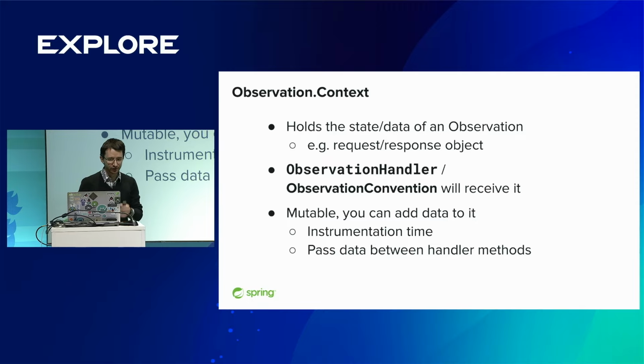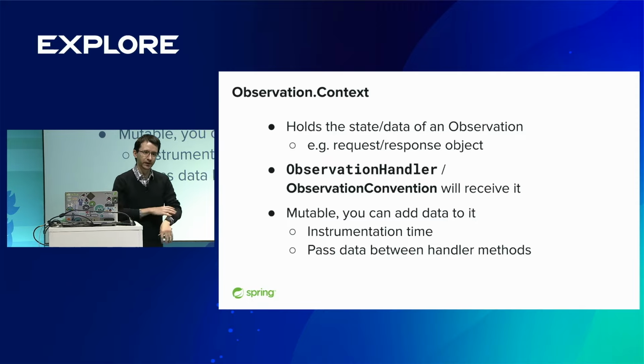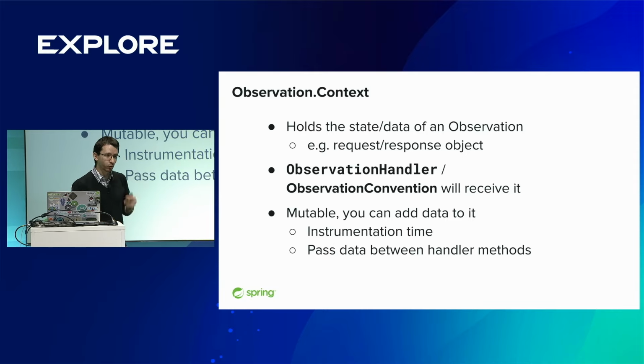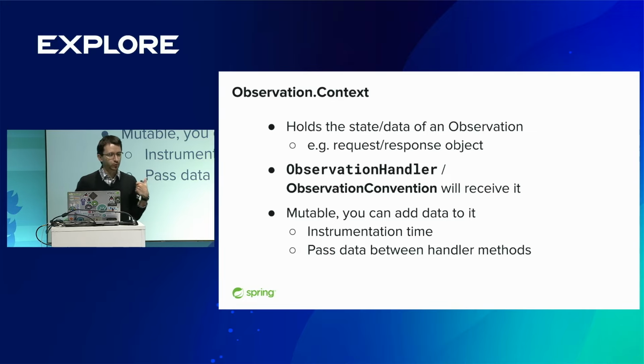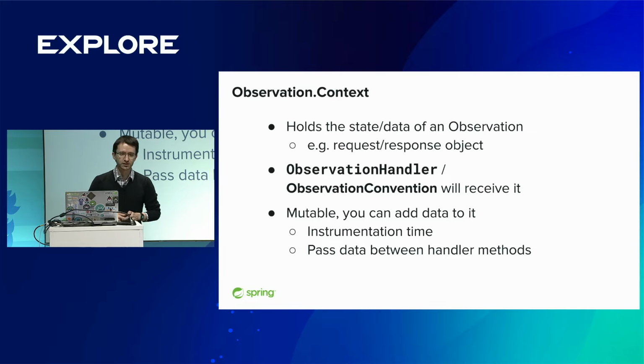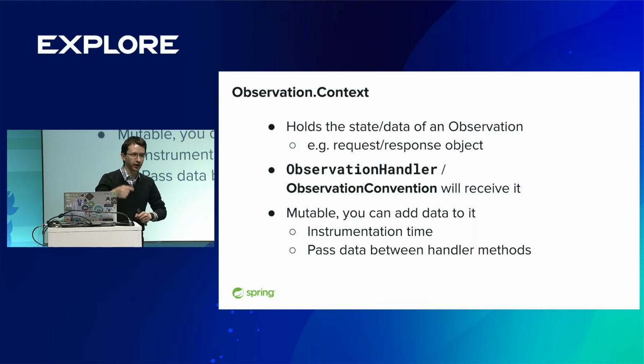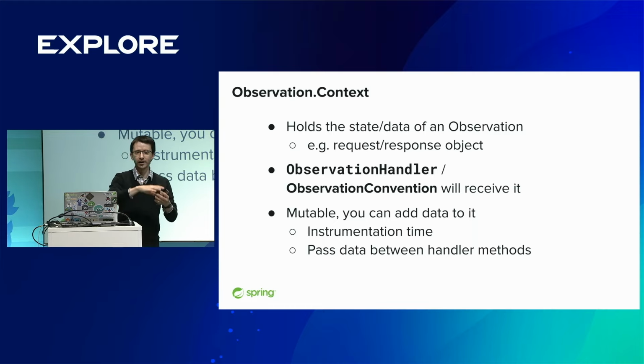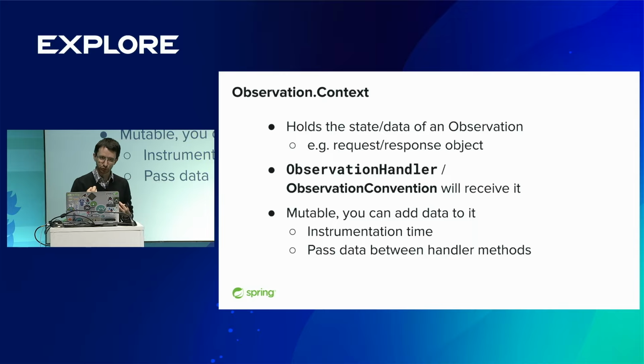And this is where we go into the more advanced things, where you want to instrument components or want to somehow interact with some instrumentation. Another very important component in the Observation API is called the observation context. This is basically just a data holder that can hold all of the data that you as an instrumenter think is important for everyone else that wants to look at that observation or get some data out of the instrumentation.